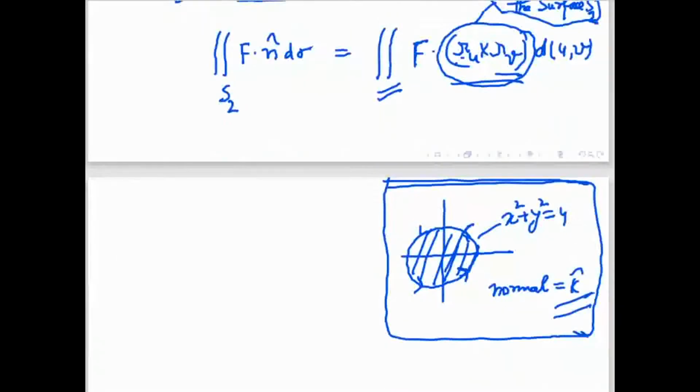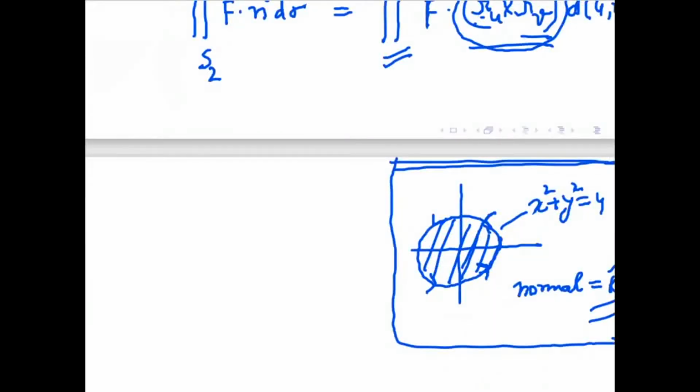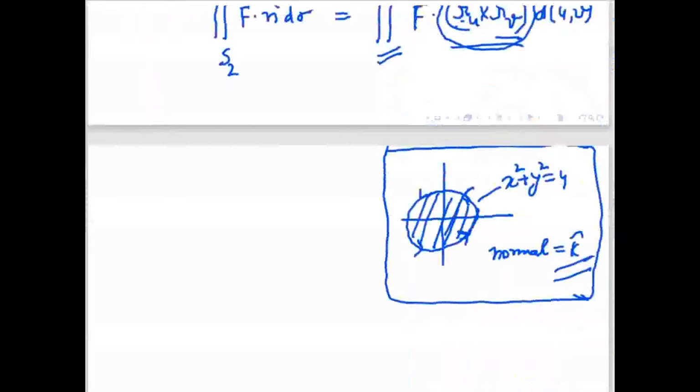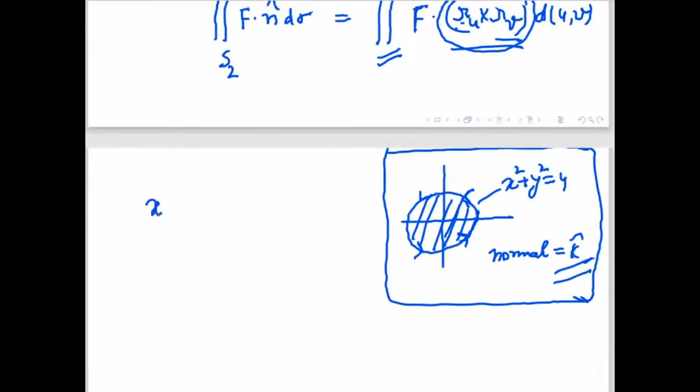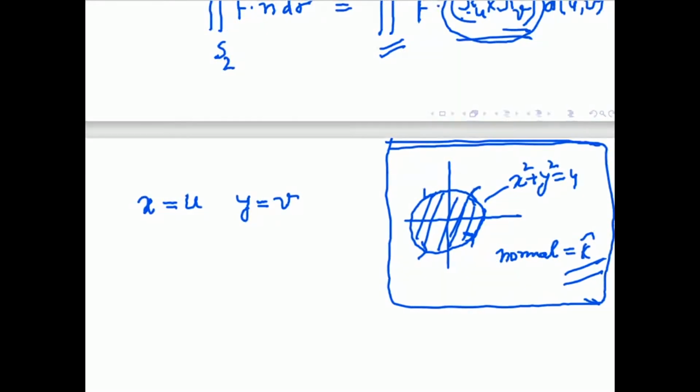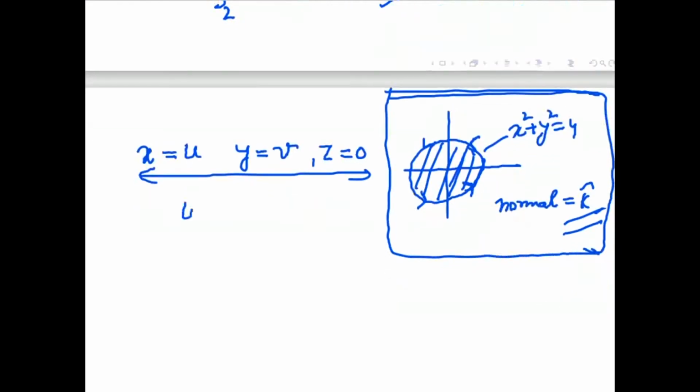So I am taking x as something in terms of u and v. I am taking x as u and y as v, such that u square plus v square is less than 4, and z is 0. So u and v are satisfying this property.